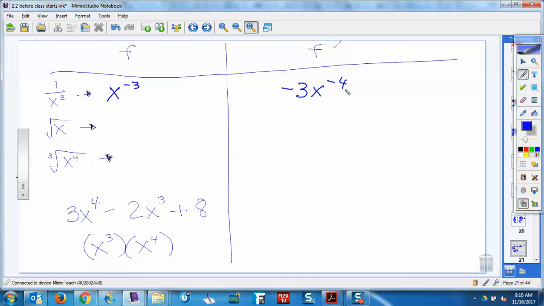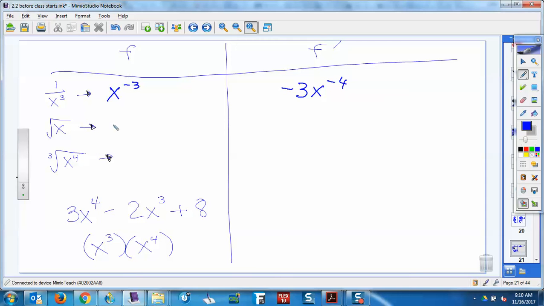Negative 3 take away 1 is negative 4. Now, in algebra class, Ms. Andreessen hated for you to leave it negative powers, right? There's reason for that. There's times we're going to want to shift it to a positive power, so we do work with it. But for right now, just for our answer, we'll just stop right there. That's good enough. Now, if we had to do some stuff to it, like plug in some numbers or something, then we'd want to flip that down to a positive power. But for us right now, just leave it right there.